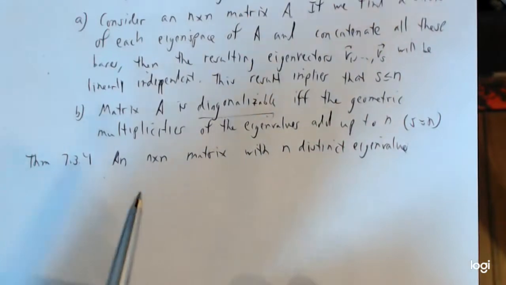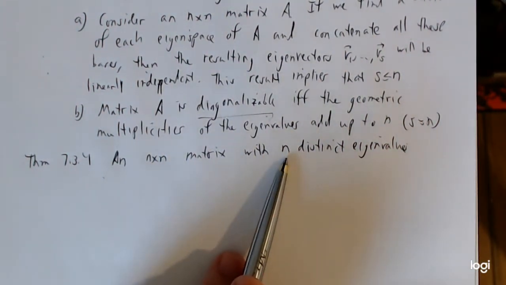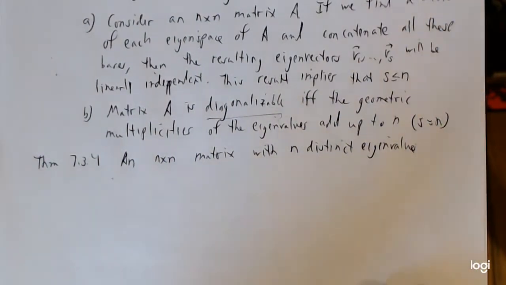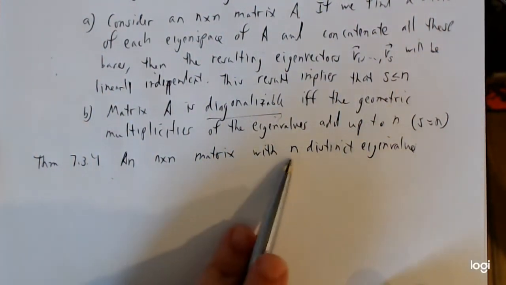And hopefully you already have an idea of what's going to happen. So if I have an n by n matrix and all my eigenvalues are distinct, there should be something that we're guaranteed here, and I'll go into it once I write out the theorem. But hopefully you already have a good idea as to what it is.